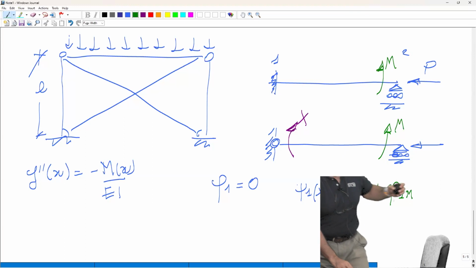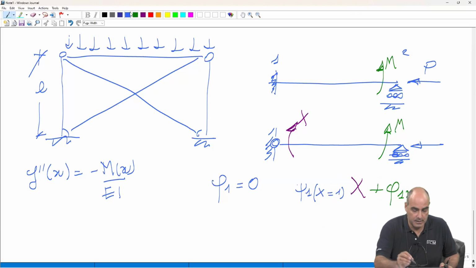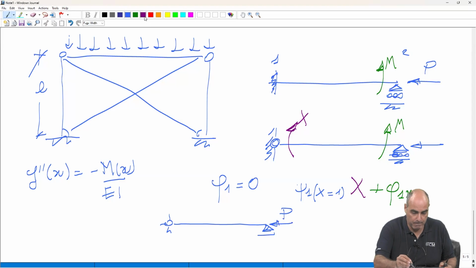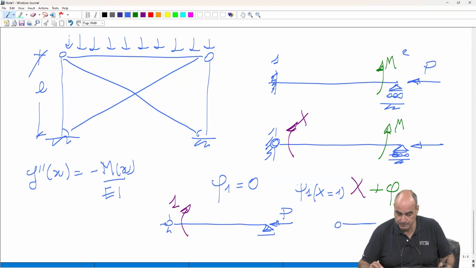So these two terms come from analyzing structures like this.